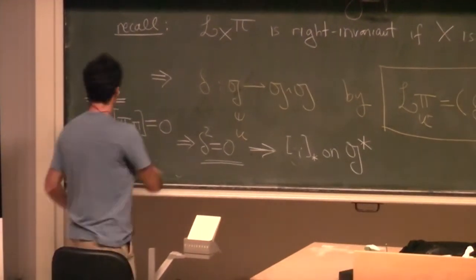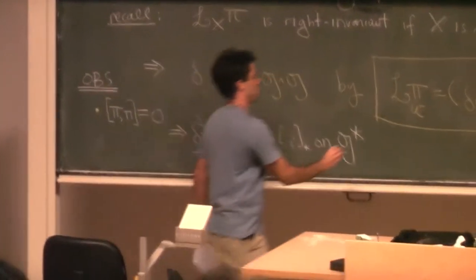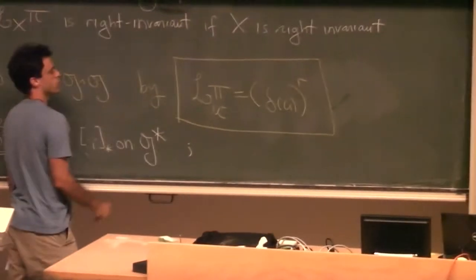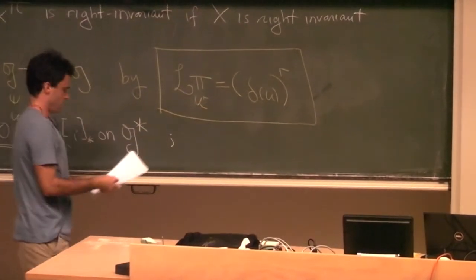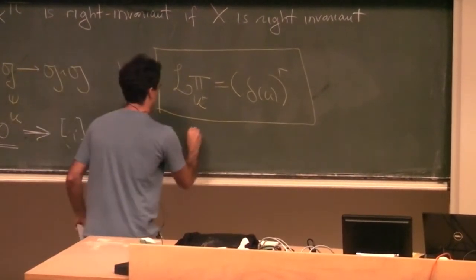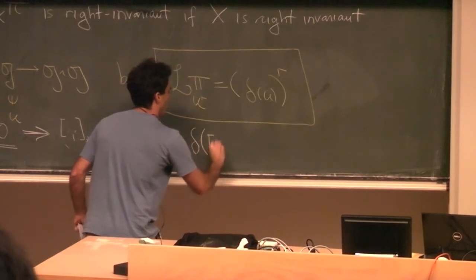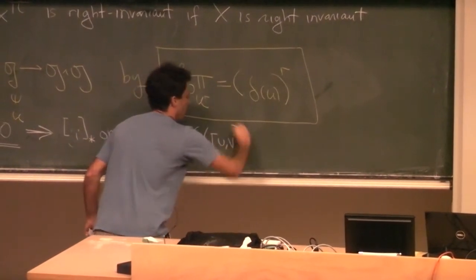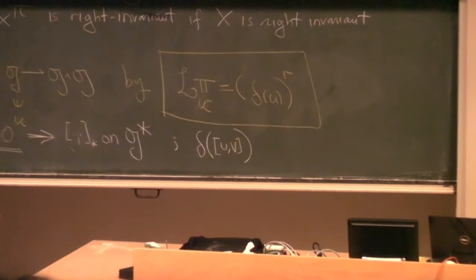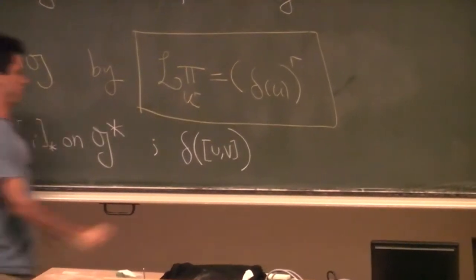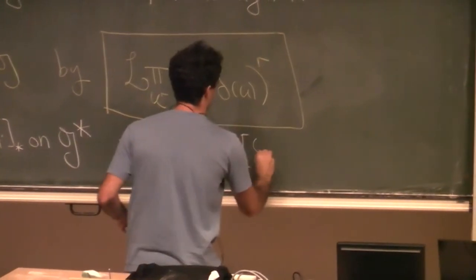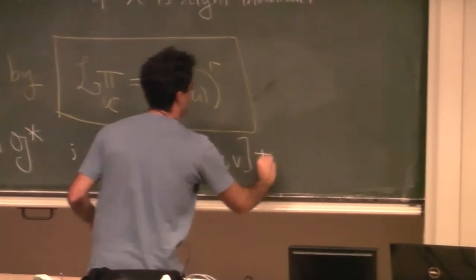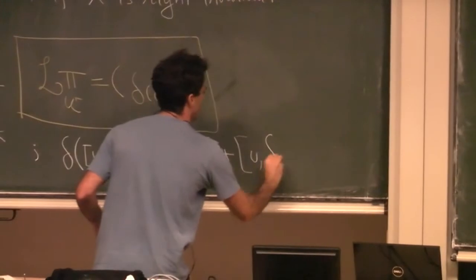And the other thing is a very important condition that you can also read off from this equation pretty easily, which is the fact that the following is satisfied. If you take D of the Lie bracket of two elements, this is dU of V plus U dV.